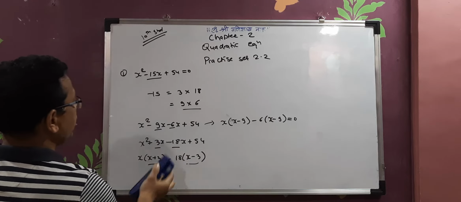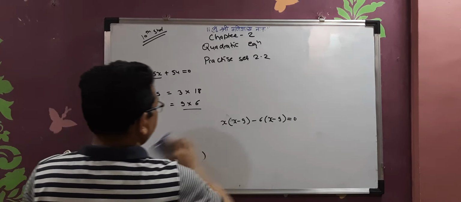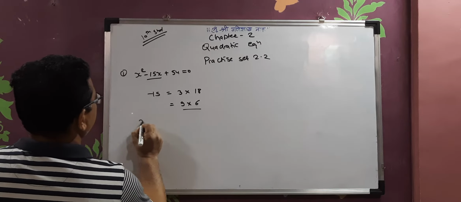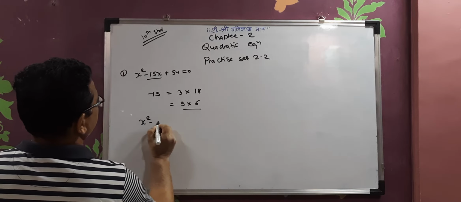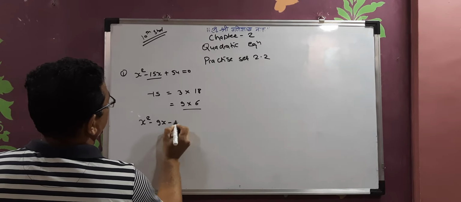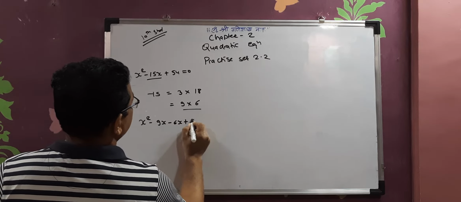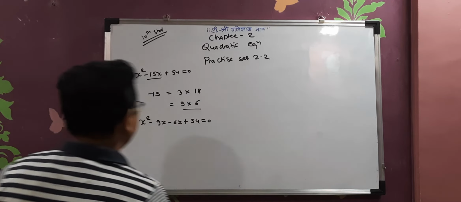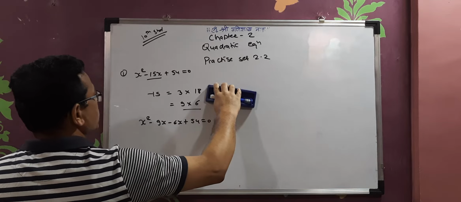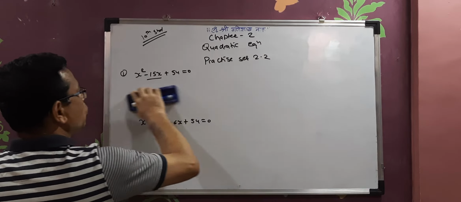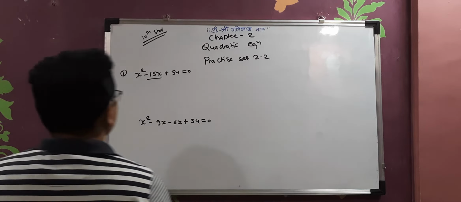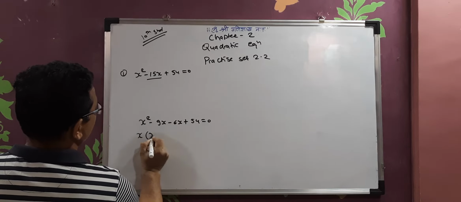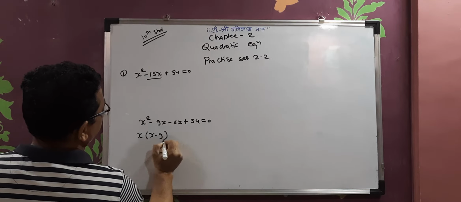Now here the factors are coming 9 and 6. So x square minus 9x minus 6x plus 54 is equal to 0. You do not have to write this in the exam or while solving the problem. It is just to know how to get the required factors. So x is common, x minus 9, bracket completed.